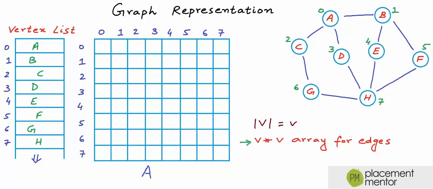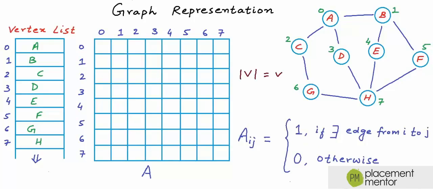We are picking up indices from the vertex list. Okay, so if the graph is unweighted and each vertex has an index between 0 and v minus 1, then in this matrix or 2D array, we can set the ith row and jth column, that is A[i][j], as 1 or boolean value true if there is an edge from i to j, 0 or false otherwise.